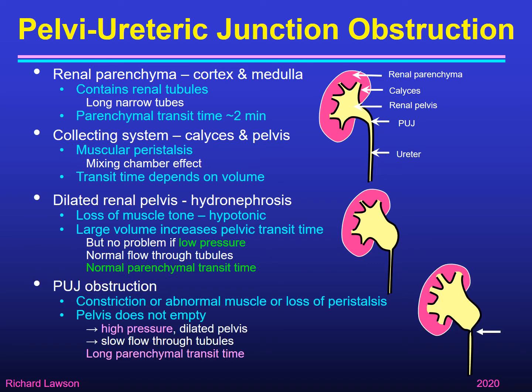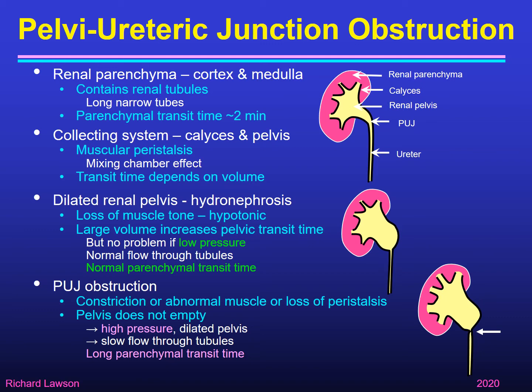However, in the case of PUJ obstruction, pelvi-ureteric junction obstruction, we can have a constriction here at the pelvi-ureteric junction, which may be some narrowing or some abnormal muscle or loss of peristalsis at that point, or may even be due to some external thing pressing on the ureter.